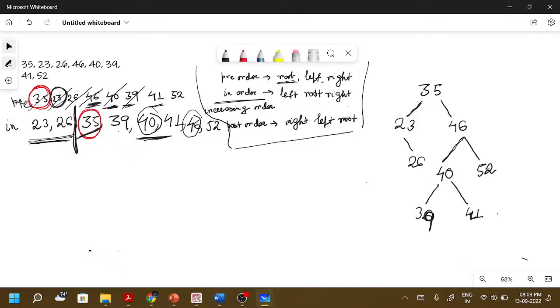So this is the tree, and you can always confirm whether you have made a tree correctly or not by a simple left to right analysis. For that, first we have to make the tree similar.